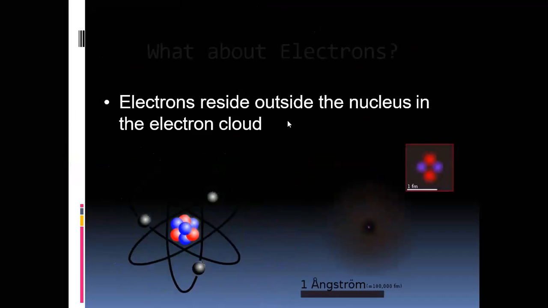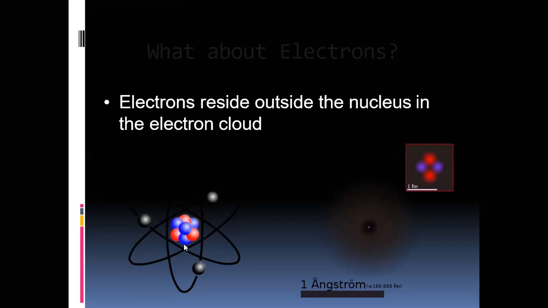Electrons reside outside the nucleus. Around the nucleus, electrons move around, making a cloud. This circular part here, the red and blue balls, is the nucleus, and the white outer part is the electrons, and electrons are moving around the nucleus making circular orbits.